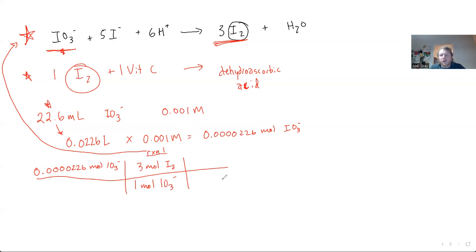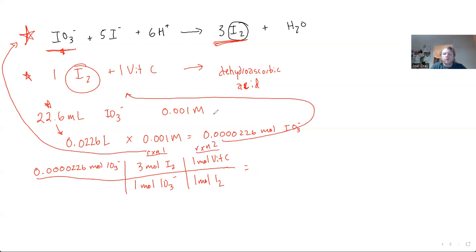Now, we want to have I2 in the denominator, so we're going to get this from reaction number 2. 1 mole of I2 reacts with 1 mole vitamin C. This part, reaction 2, I'm going to draw an arrow right up here.